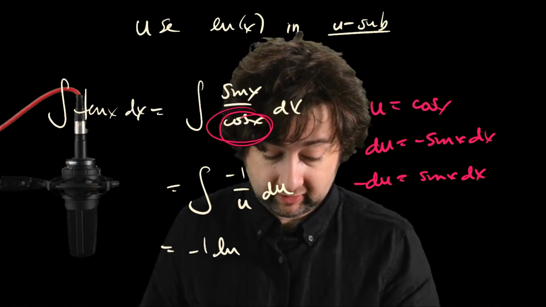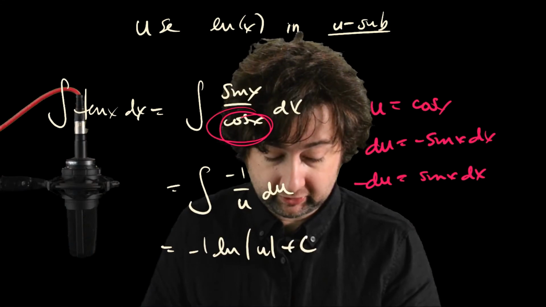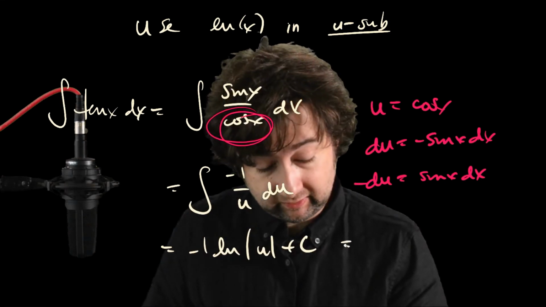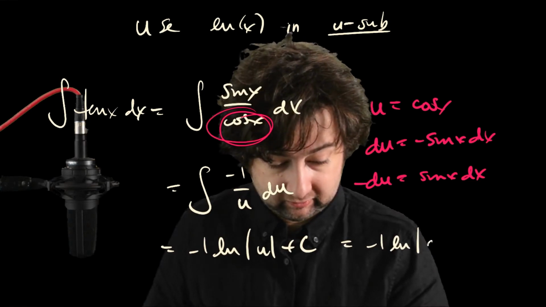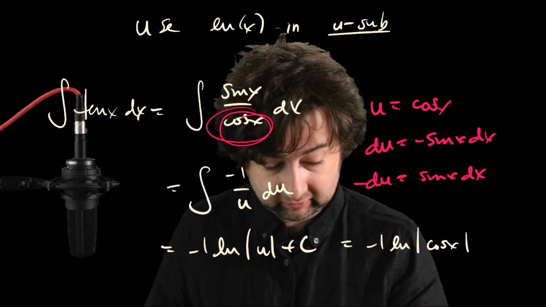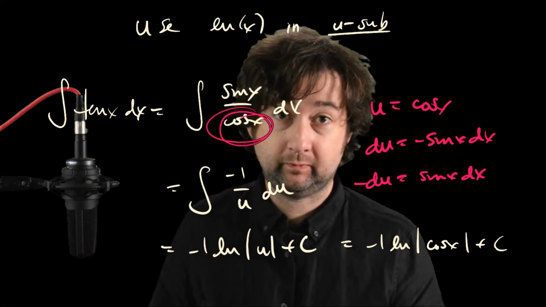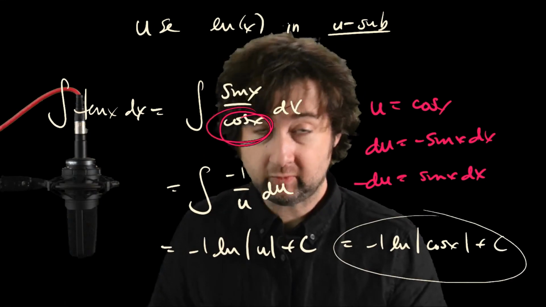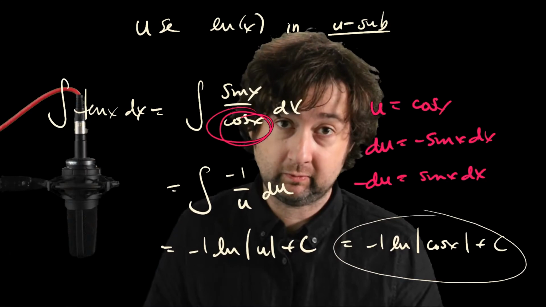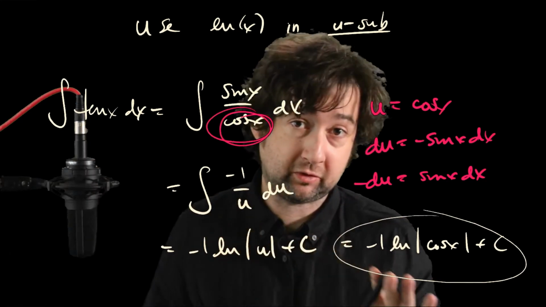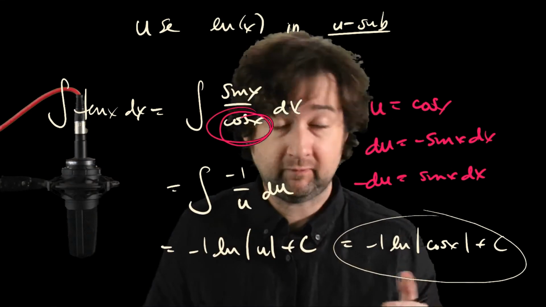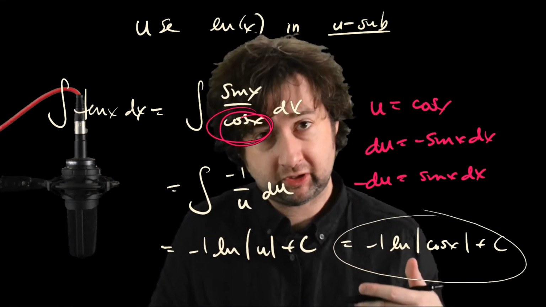Minus 1 times the natural log of the absolute value of u plus c, and that's equal to minus 1 times the natural log of the cosine of x plus c. So this is where the antiderivative of the tangent comes from. So you need to know the natural log and its structure in order to derive this. Okay, you can do the same thing for the cotangent, which I encourage you to try.